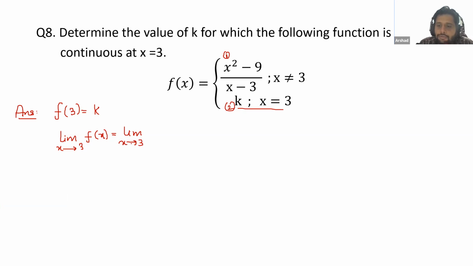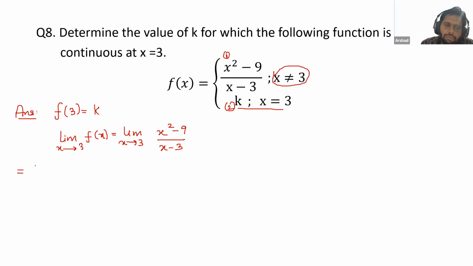So when x approaches 3, that's why we will take the first function. Always remember this: x is not equal to 3, x is going towards 3. Please remember this because here we have x not equal to 3.